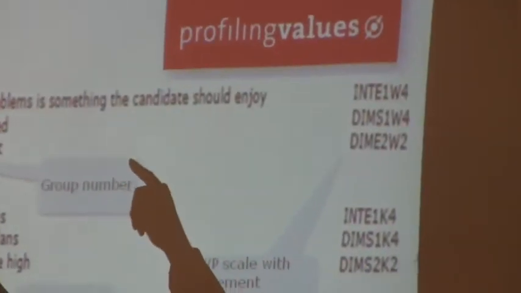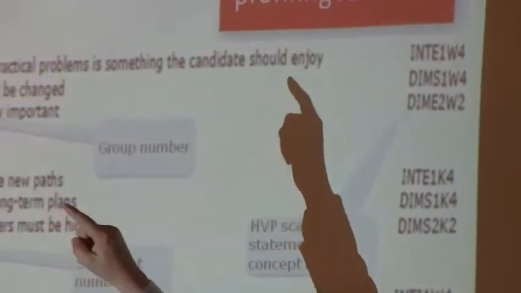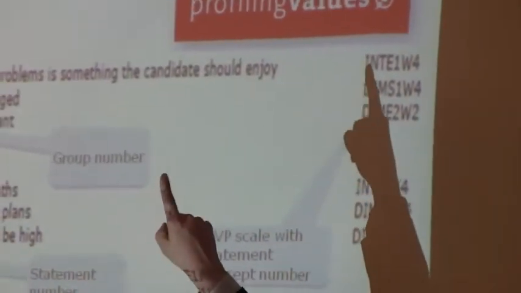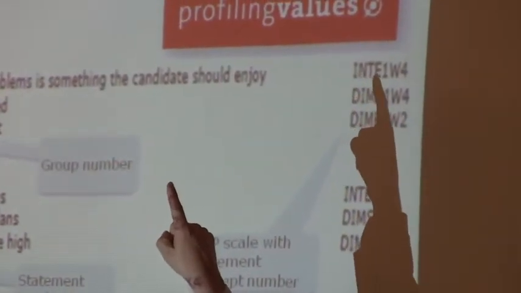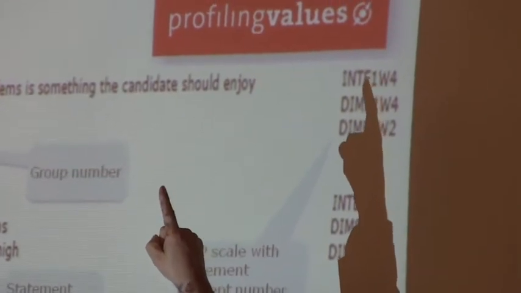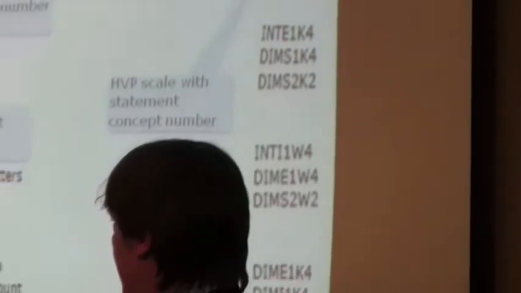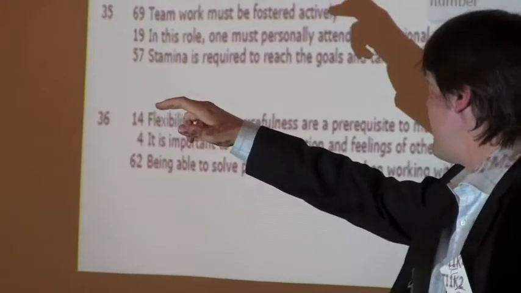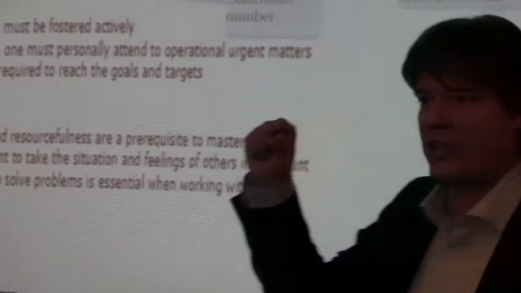Here, for example, taking on opportunities and solving practical problems is something the candidate should enjoy. Then we see this is the integrational extrinsic worldview, and it's the balance. So you see, every statement is connected to a scale of Hartmann.